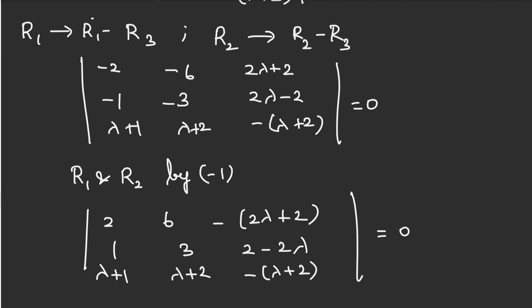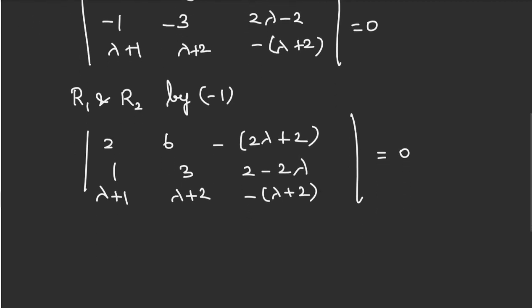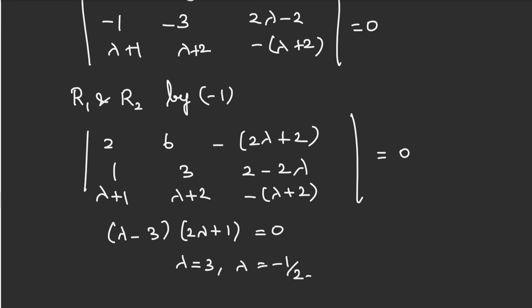Now equating the determinant to 0, we get the factors lambda minus 3 into 2 lambda plus 1 is equal to 0, which implies lambda is equal to 3 and lambda is equal to minus 1 by 2. Here lambda cannot take the value minus 1 by 2. Therefore, we take the value lambda is equal to 3 here.